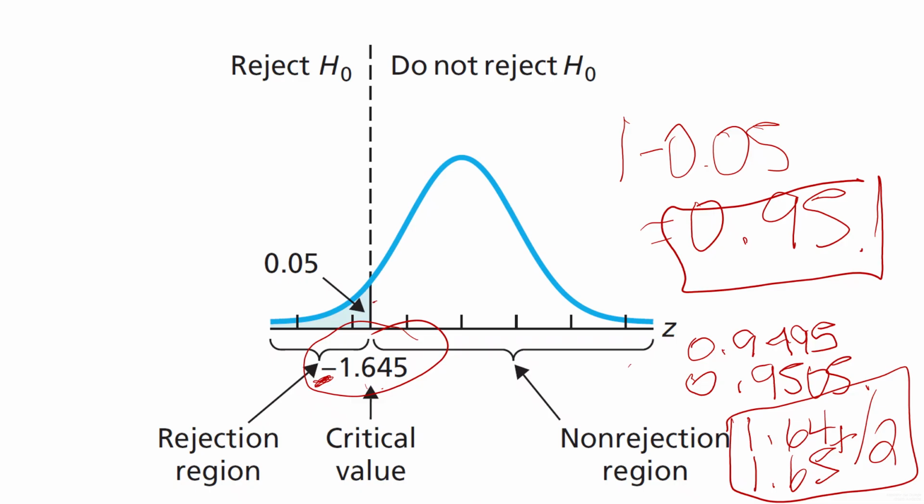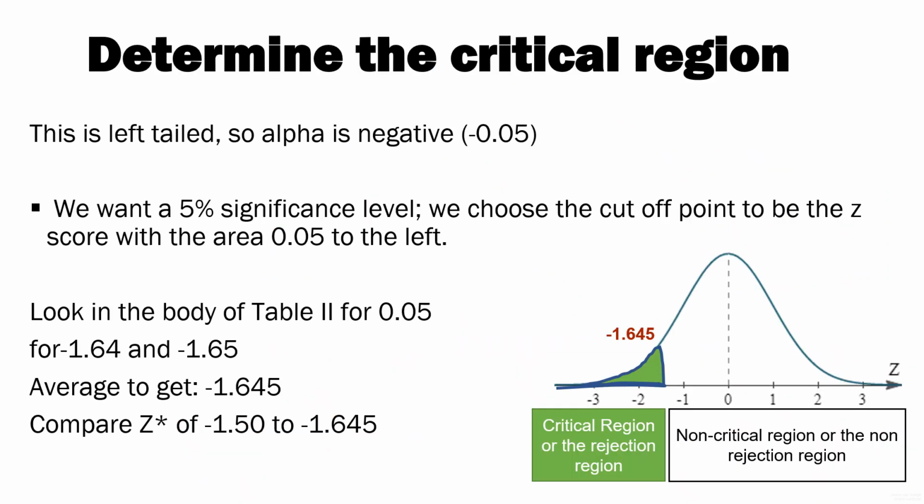This is the value that we want to compare our test statistic to. Okay, so I've got that all written out here. So you've got here, look in the body of the table for 0.05, and you're going to average it out and get negative 1.645.